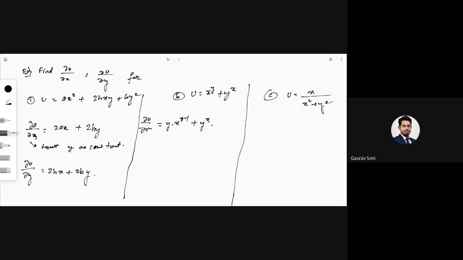That's it. Okay, anyone wants to make a change in this? y^x into log y. Log y has to be there. The other one, partial derivative of u with respect to y will be x^y log x plus x·y^(x−1).